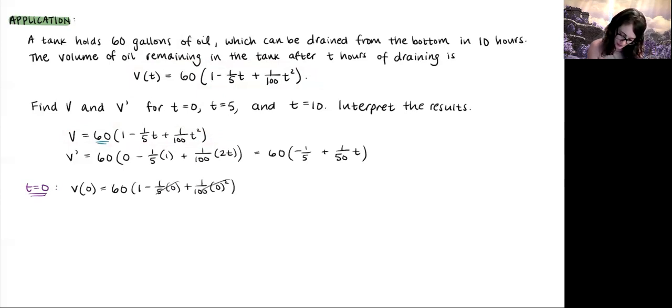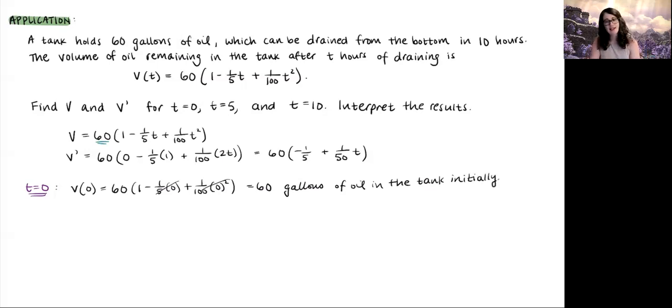Those are just 0, so we just get 60. 60 gallons of oil in the tank initially. When t equals 0, that's after 0 hours of draining. So there are 60 gallons of oil in the tank from the beginning, right? That makes sense. We were told that even.